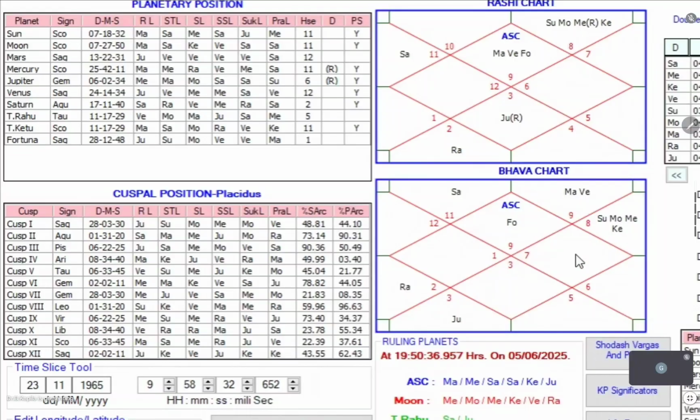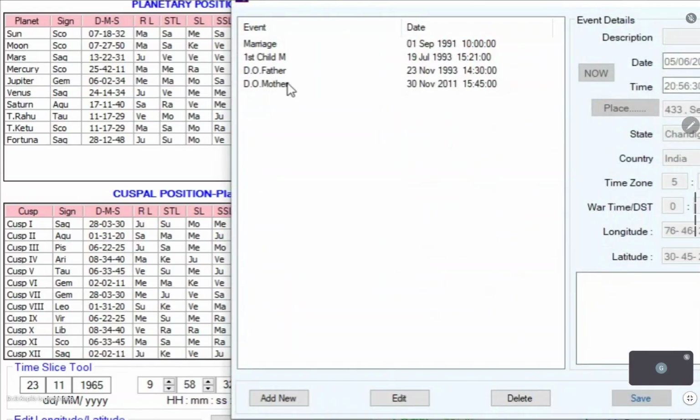Now here in the present chart, two different deaths are given. One is the death of father, other is the death of the mother, right? Death of the father and death of the mother is given. So we will first take up the death of father and the death of mother, right?